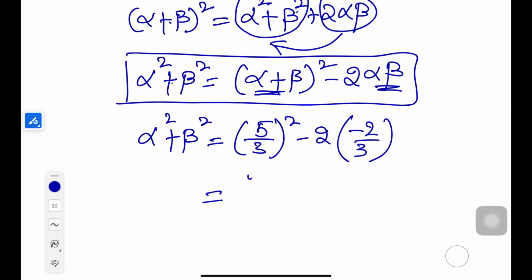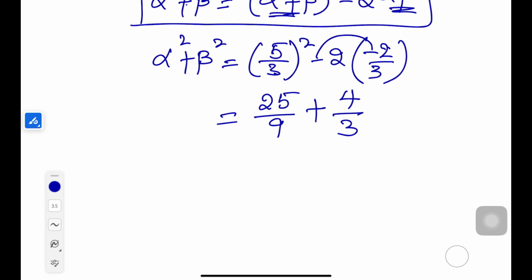Now what is 5 square? 25 by 3 square is 9. Fine. Now multiply this. Minus into minus will become plus. 2 times 2 is 4 by 3. Now you have to take the LCM. What is the LCM of 9 and 3? 9 is the LCM.